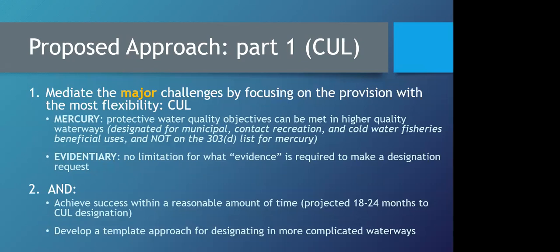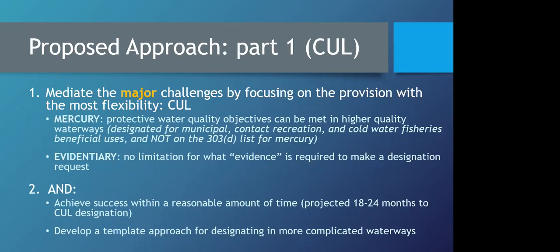Those that are designated for municipal or contact recreation or cold water fisheries, and that are not on the 303D list for mercury. And then for the evidentiary process, there's no limitation for what evidence is required to make a designation request for coal. And so we can be really flexible and adaptive, I would say, in what tribes are requesting and what we expect to bring forward to our board to support a recommendation.